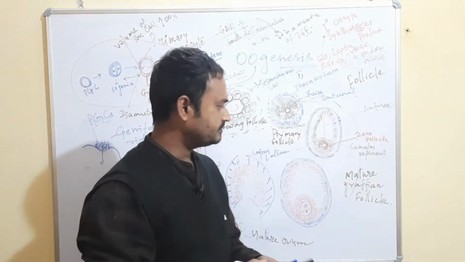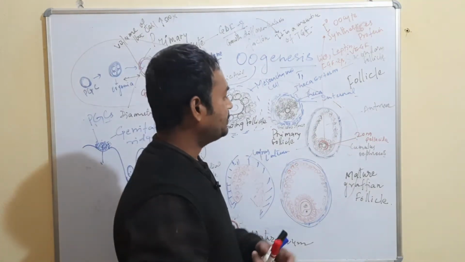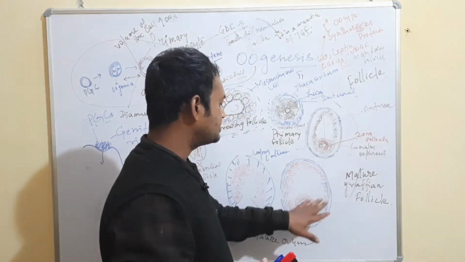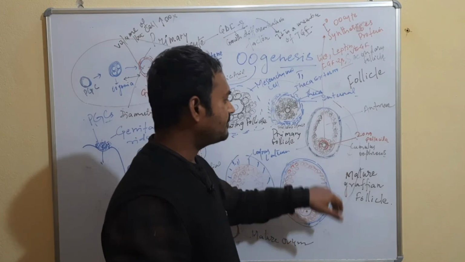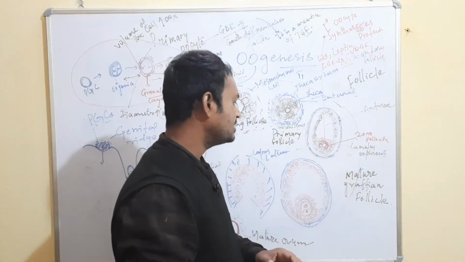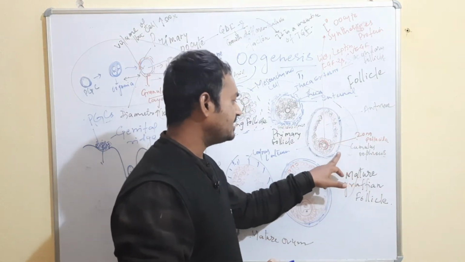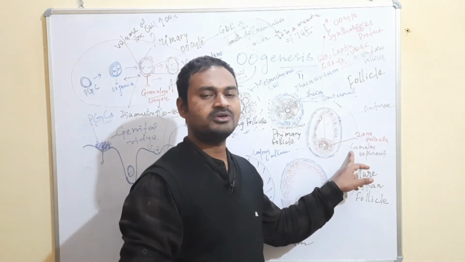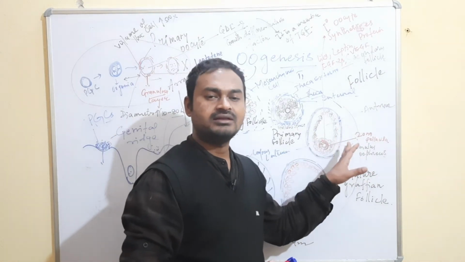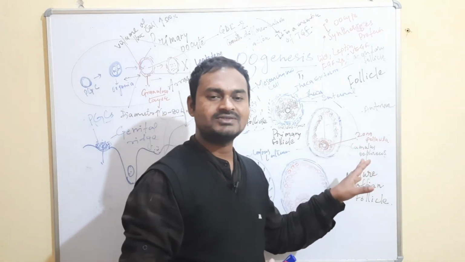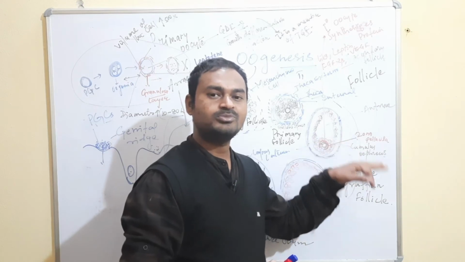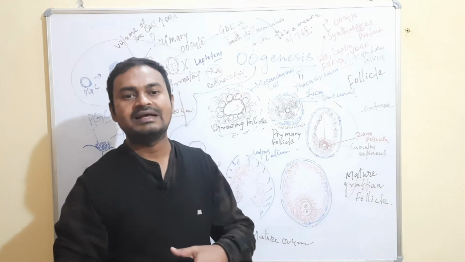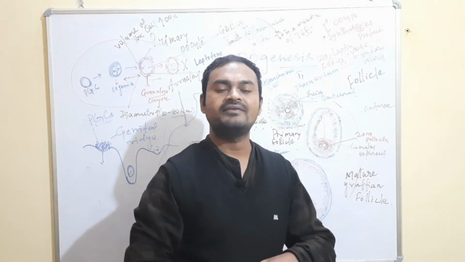Now, up to this stage we have already studied. The most important thing is that after this stage the cell will start to divide. Whatever cell was arrested in the first meiotic stage, under the influence of the LH, luteinizing hormone surge, what happens?